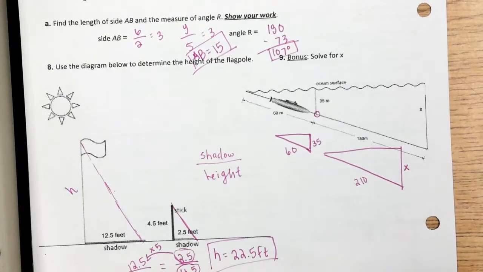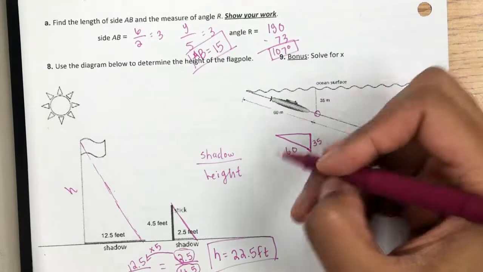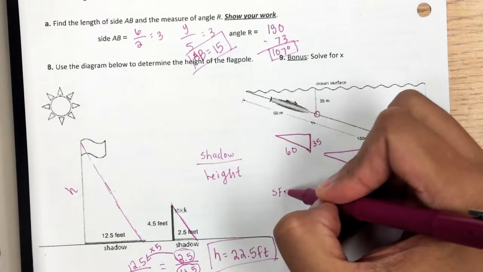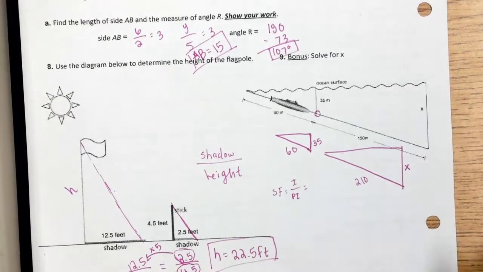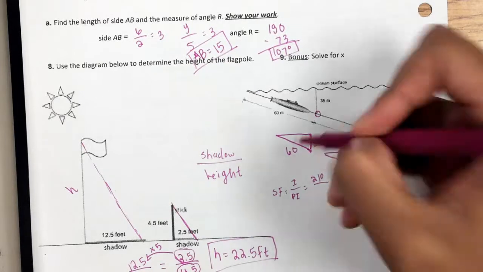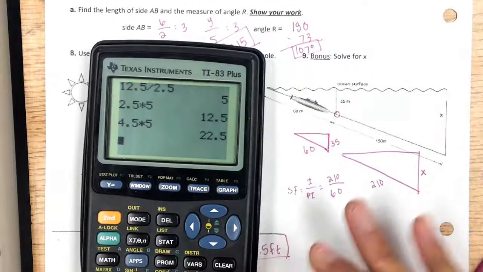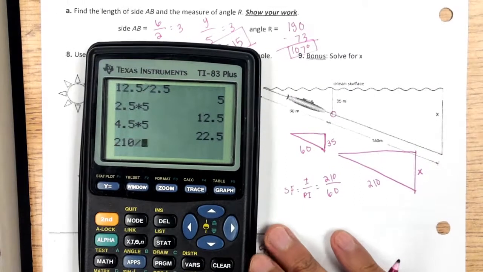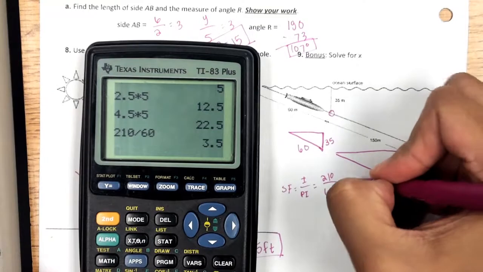So let's find the scale factor from the small to the big. Scale factor is, of course, image over pre-image. So we're going to write 210, which is our new figure, over 60, which is our old. 210 divided by 60 is equal to 3.5.